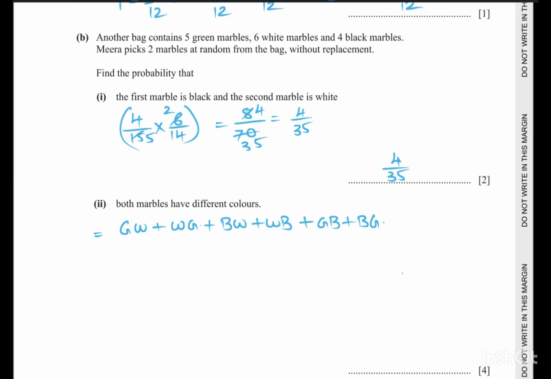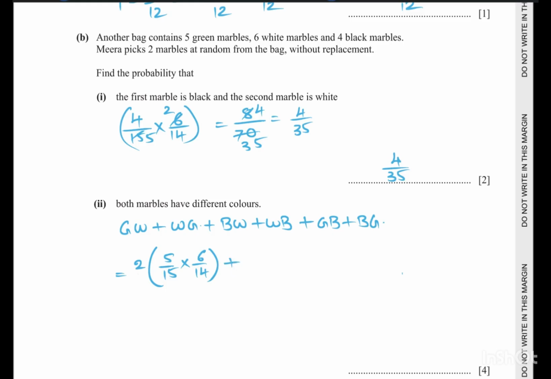So green, white and white, green can be taken 2 times, right? 2 into green, which is 5 out of 15, into white, which is 6 out of 14. I'll take 2 times this, because if I take 6 by 15 and 5 by 14, it will be the same.